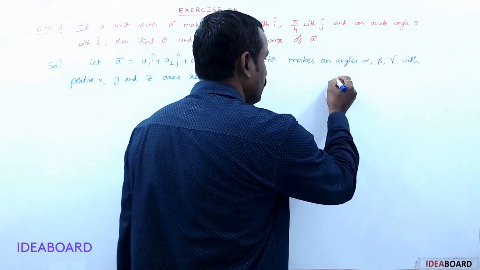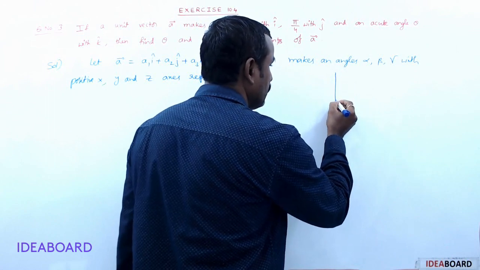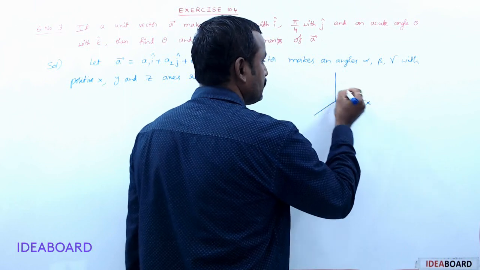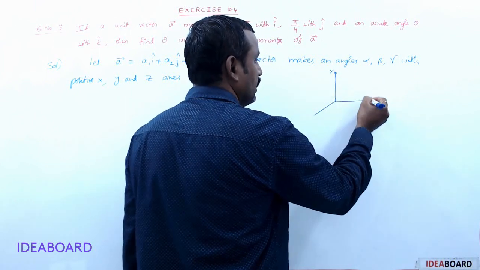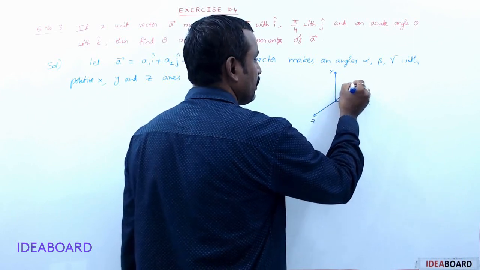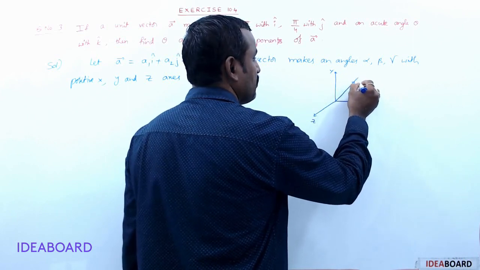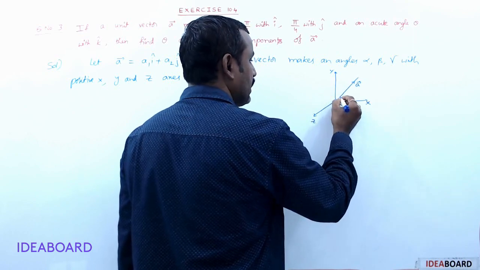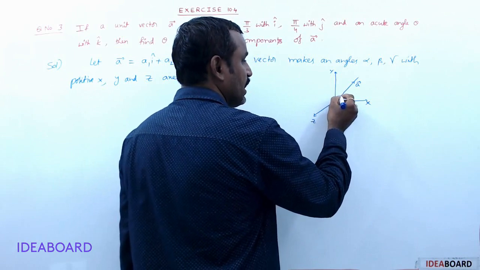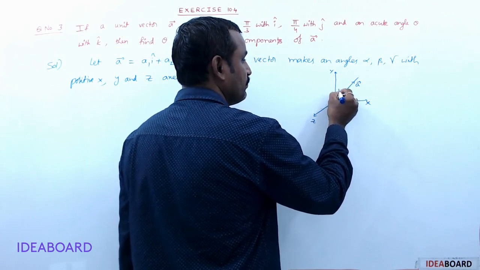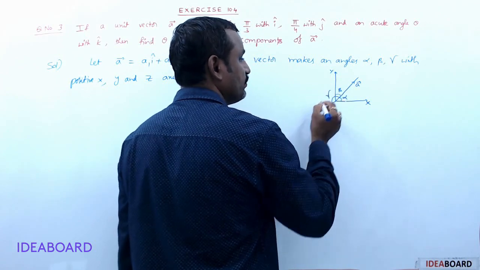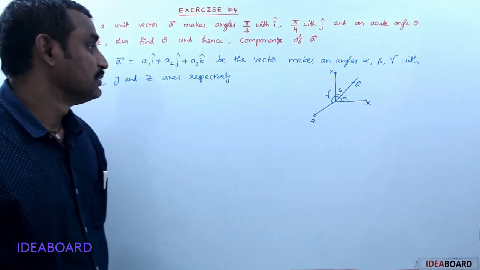So here you can see this is the x axis, y axis and this is the z axis, and this is the vector a bar, which makes an angle alpha with the x axis, beta with the y axis and gamma with the z axis.